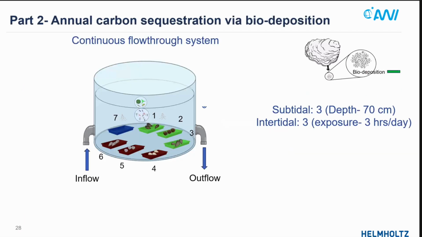Now we wanted to account for the organic carbon production by biodeposition. We did an experiment with mesocosms where we used a flow-through system, and we also mimicked the settings of subtidal and intertidal habitats. Here we used all three organisms: blue mussel, Pacific oysters, and European oysters. We wanted to isolate the pathway where filtration leads to feces or pseudofeces production, which then accumulates on the seabed.